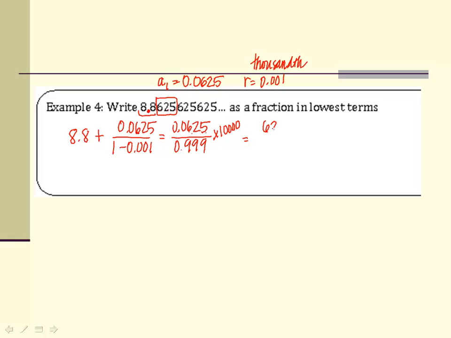So I get 625, and because I only need to go 3 places, this gets me 9990. I'm going to add that to 8.8 and put it in my calculator and give it a math fraction. And you're going to get some sort of fraction from there. You find that fraction for me, because I don't have that number directly in my notes. Okay?